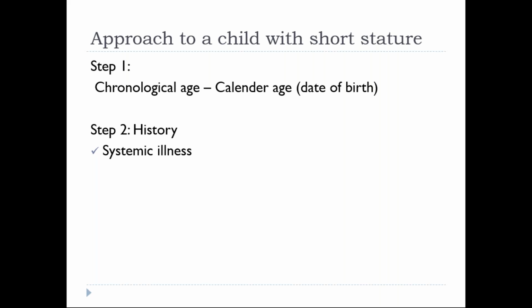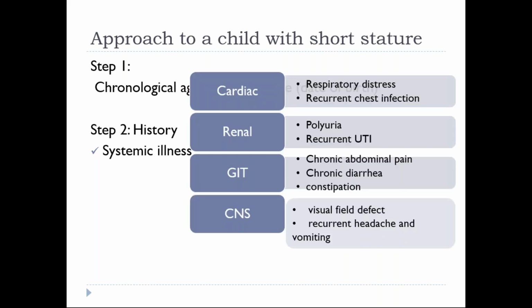Since when is he not growing well, and what is the systemic complaint? All these complaints you will ask. So cardiac, renal, GIT, CNS, all of these can contribute, and there can be several others. I have just mentioned the few salient ones. Okay, there is some question.